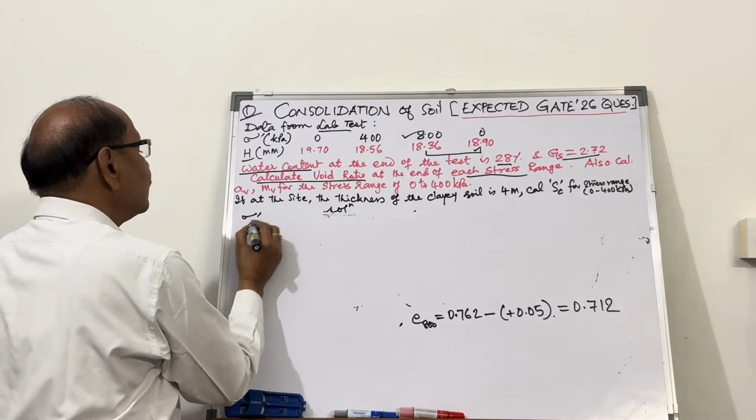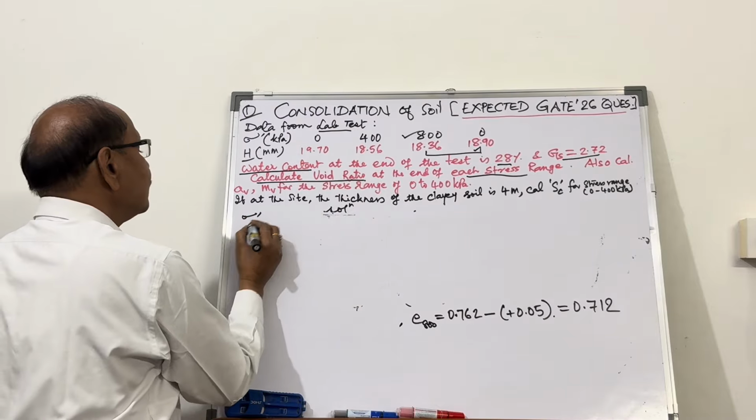So delta sigma prime 0 to 400, this becomes 400. 400 to 800, this becomes this much, and 800 to 0, that becomes the pressure range. Once you know delta sigma prime, then you can write the thickness of the sample, which is going to be in millimeter.